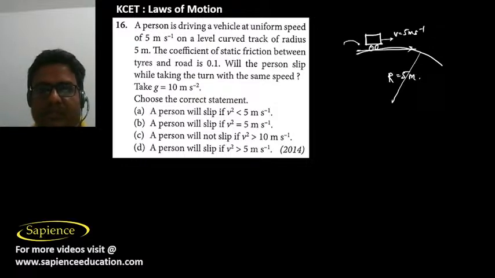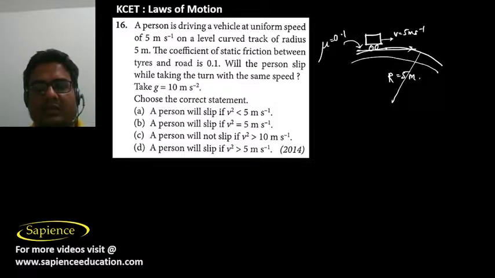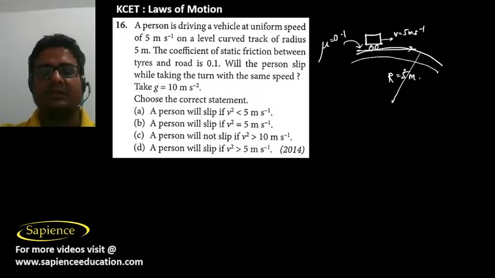The coefficient of static friction between the tires and the road is 0.1. Will the person slip while taking the turn with the same speed? You have to find that.